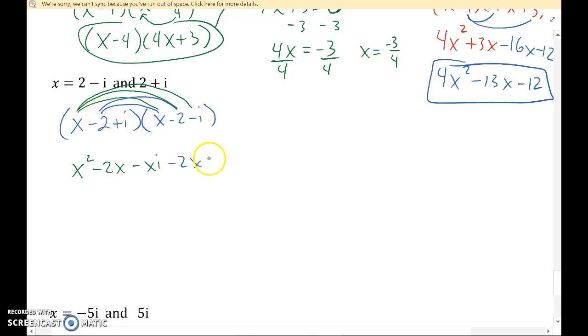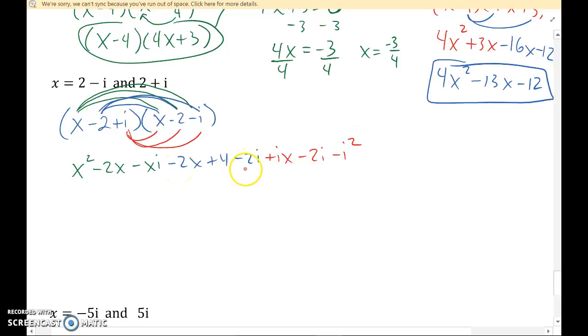Negative 2 times negative 2 is a positive 4. And negative 2 times i is a negative 2i. And then when we take i times x, we get a positive ix or xi. It doesn't matter. And then i times negative 2 is a negative 2i. And i times negative i is a negative i squared.